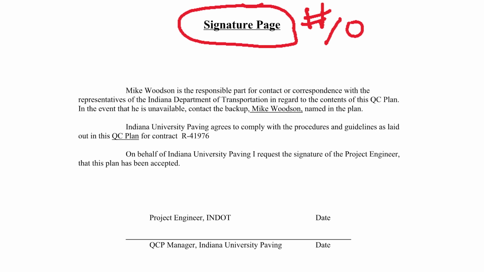Very interesting stuff. And then just using these forms that Jay had talked about. The last thing is the signature page, and we'll see how much longer this guy works for us. But just sign it and give it to the INDOT PE, and then he'll countersign it and send it in to get approval, and you'll be ready to pave.